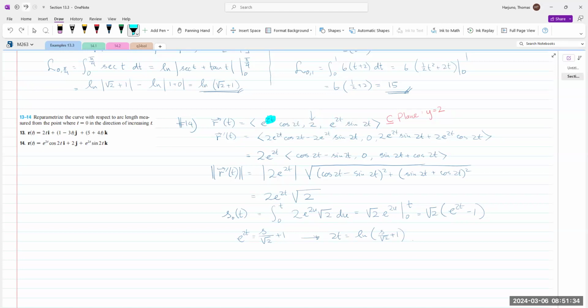Those are the things that I will need to substitute. So r of t as a function of s will be (s over square root of 2 plus 1) cosine of natural log of (s over square root of 2 plus 1), comma 2, comma (s over square root of 2 plus 1) sine of natural log of (s over square root of 2 plus 1).